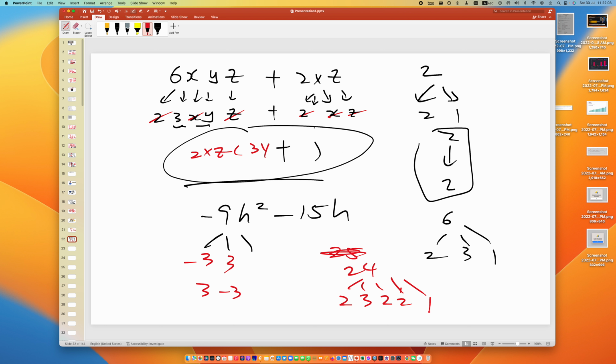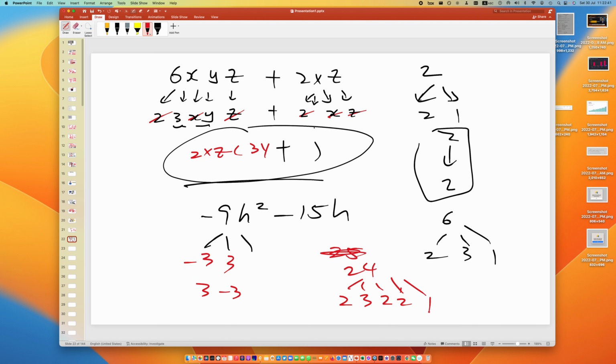Even though your answer is correct, I'm not happy with the intermediate steps. You are not doing it the right way. I don't care about the answer actually. I care about the working. If your working is correct and your answer is wrong, I'm still happy. If your answer is correct and your working is wrong, it's wrong. Because 1 plus 2 is 3, right? 0 plus 3 is 3. 2 times 1.5 is 3.